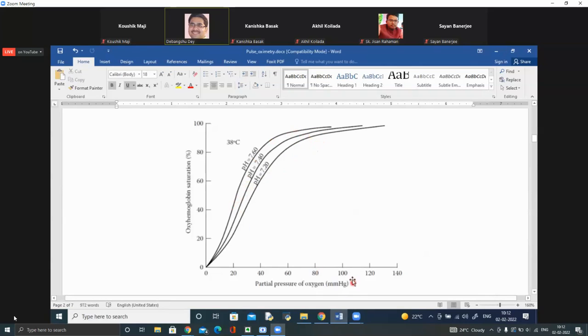Also, the partial pressure measurement directly requires an invasive way. You have to put some probe inside the blood stream and then you can measure. But we do not prefer invasive methods for biomedical applications. Nowadays, even blood sugar monitoring requires pricking of the skin. A needle has to be inserted through the skin to take the blood.